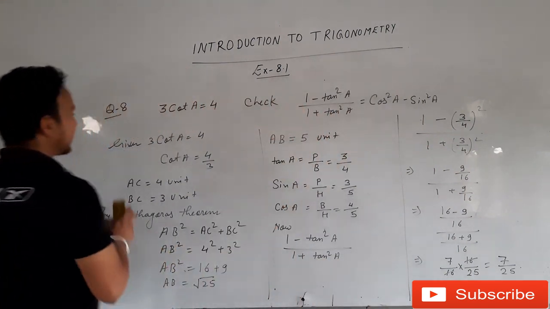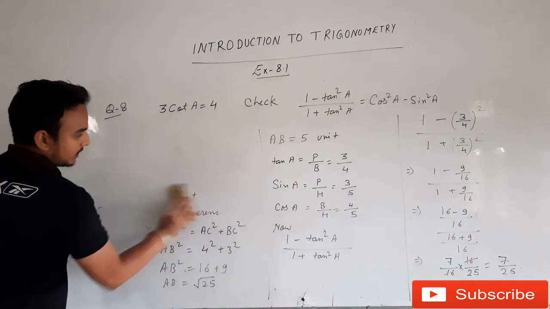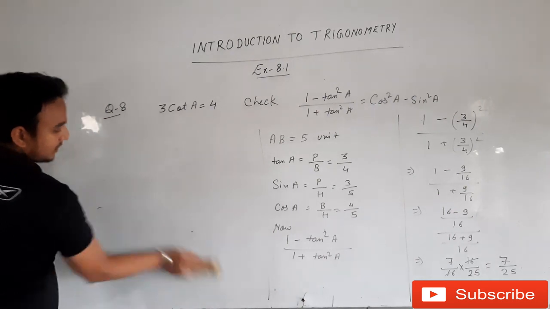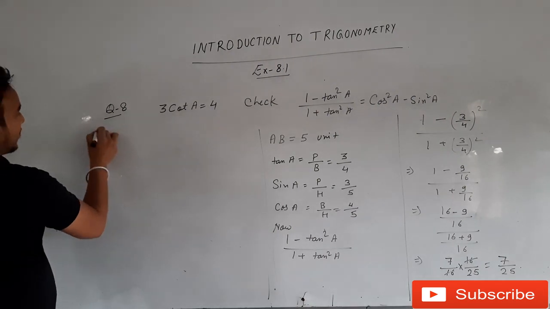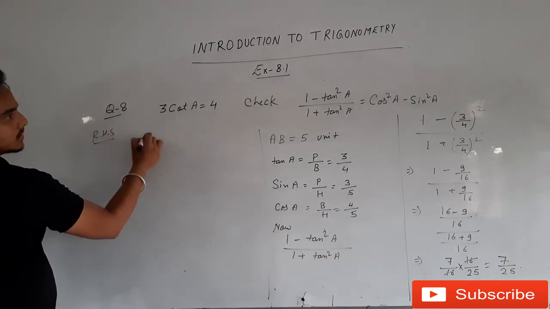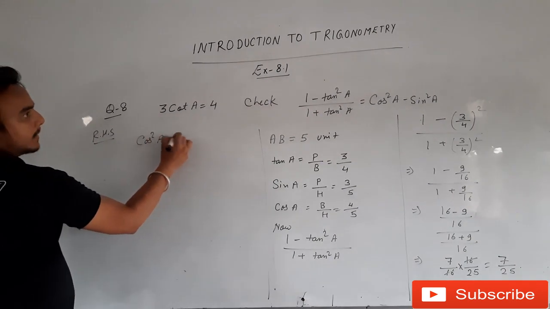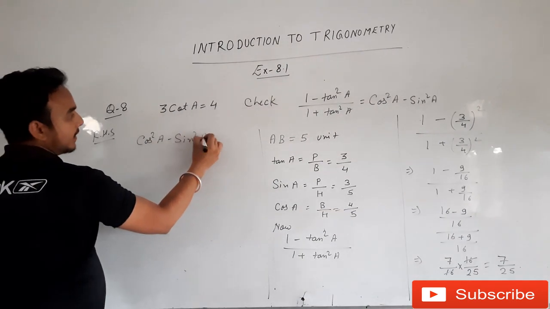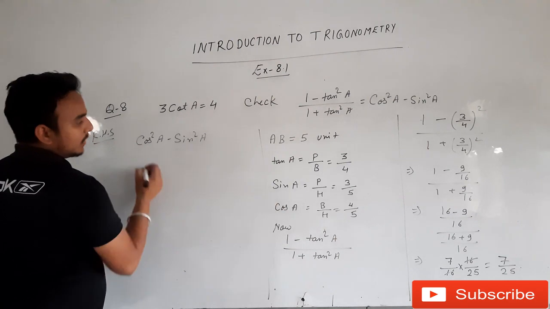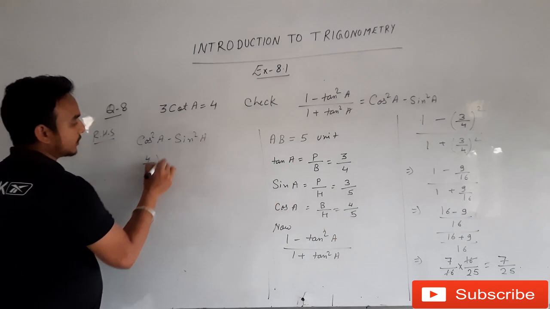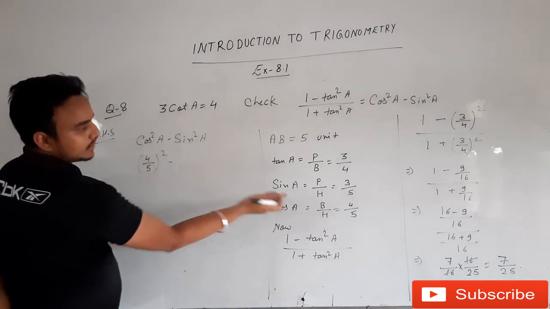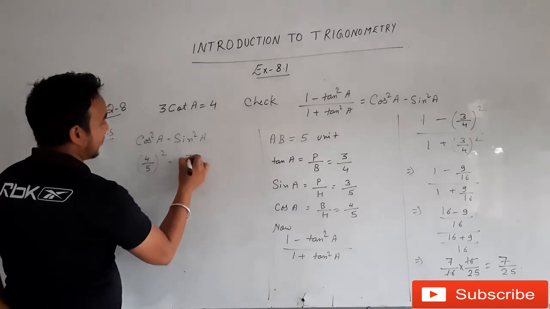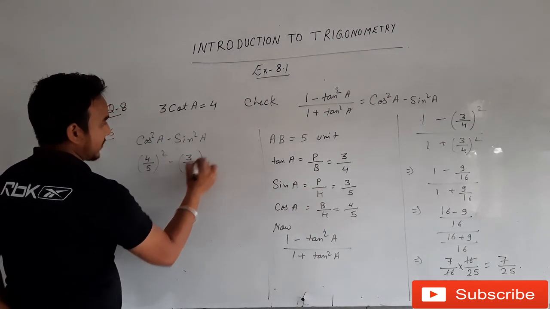Now calculating the right hand side, it is cos square A minus sin square A. Cos square means 4 by 5 whole square minus sin square A means 3 by 5 whole square.